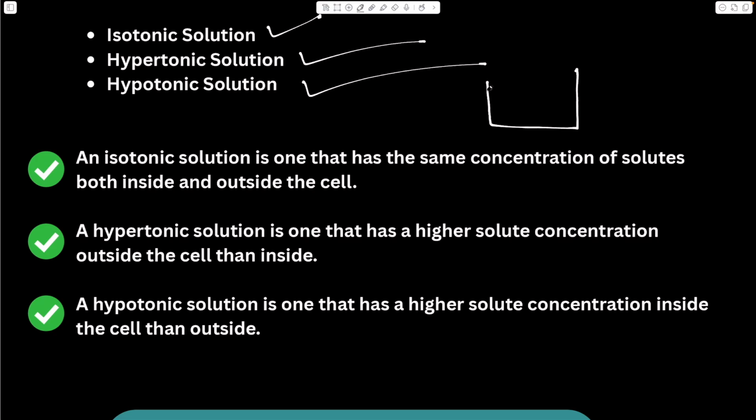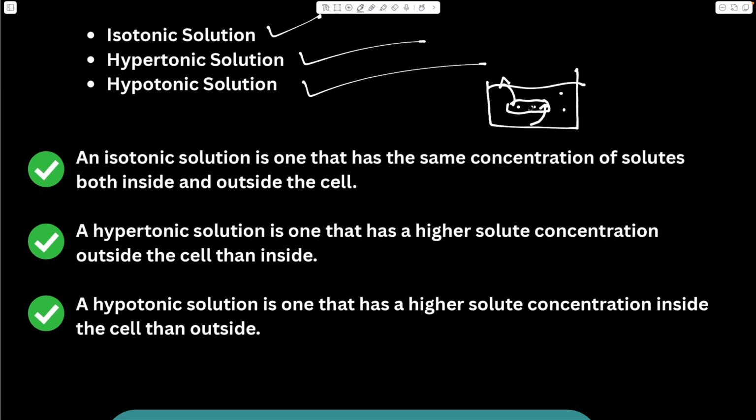Let me give you guys an example. For example, this is a beaker, this is a cell. There are two solutes over here, and there are also two solutes over here. Just for example, it's all about concentration, right? Same concentration of solute, so the same volume of water moves outside of the cell and the same amount of water moves inside the cell.